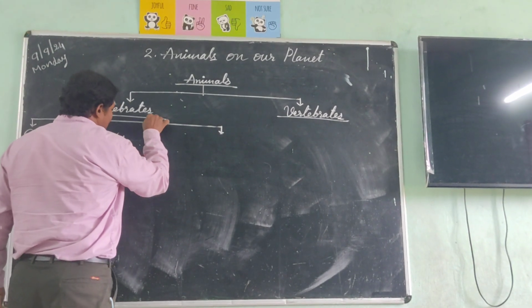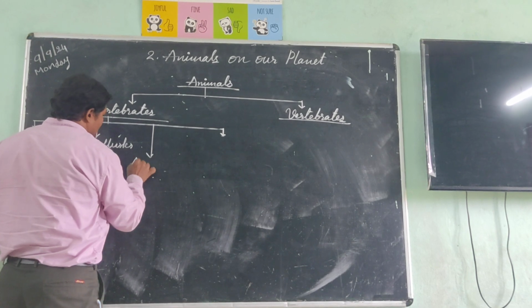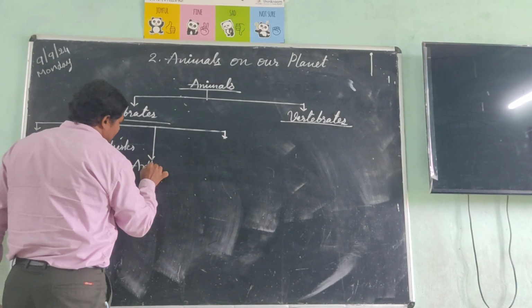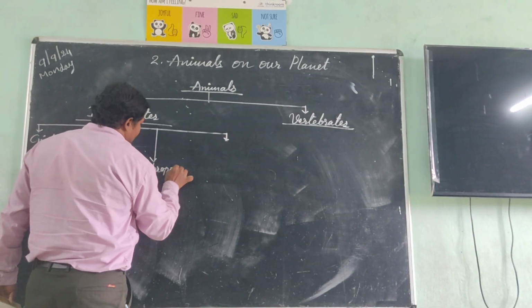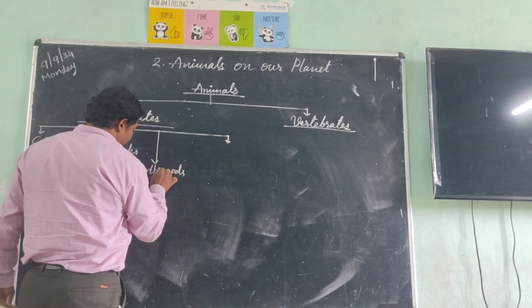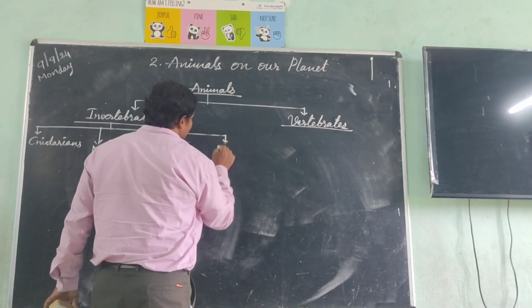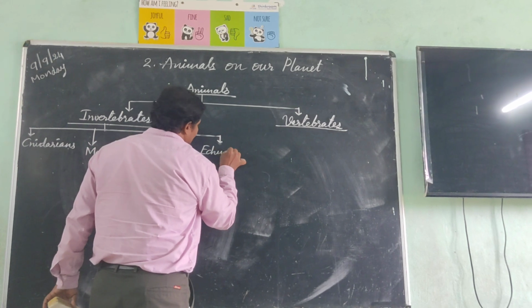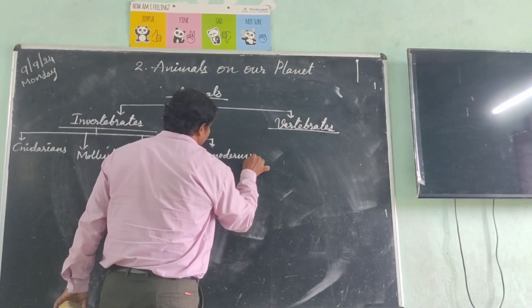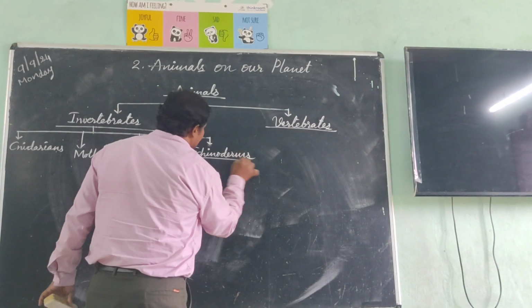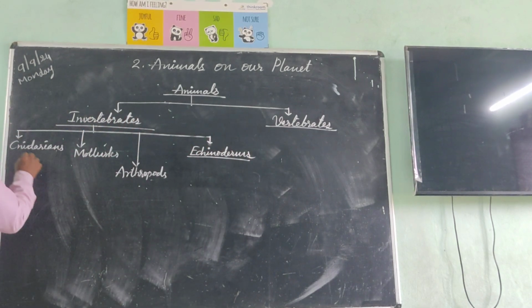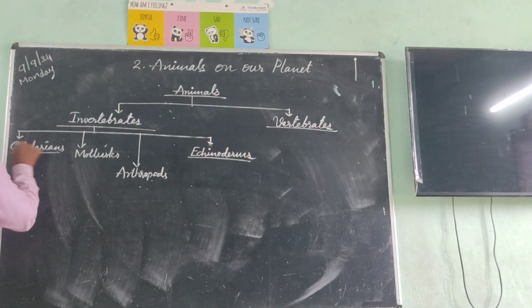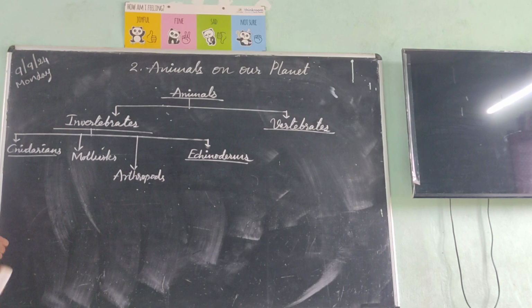Third one, arthropods. Fourth one, echinoderms. Now, the special features of these cnidarians.